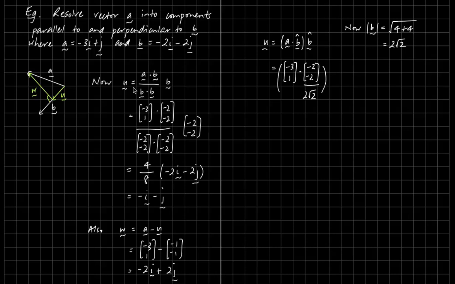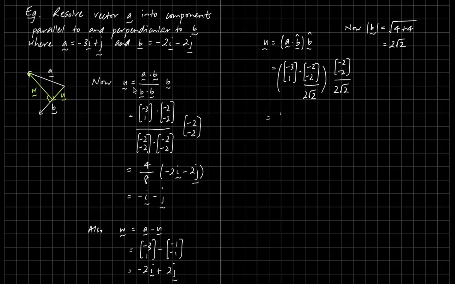So it's that times unit vector B, which is -2 over 2 root 2. And you can see there that we could then multiply those magnitudes together down the bottom.